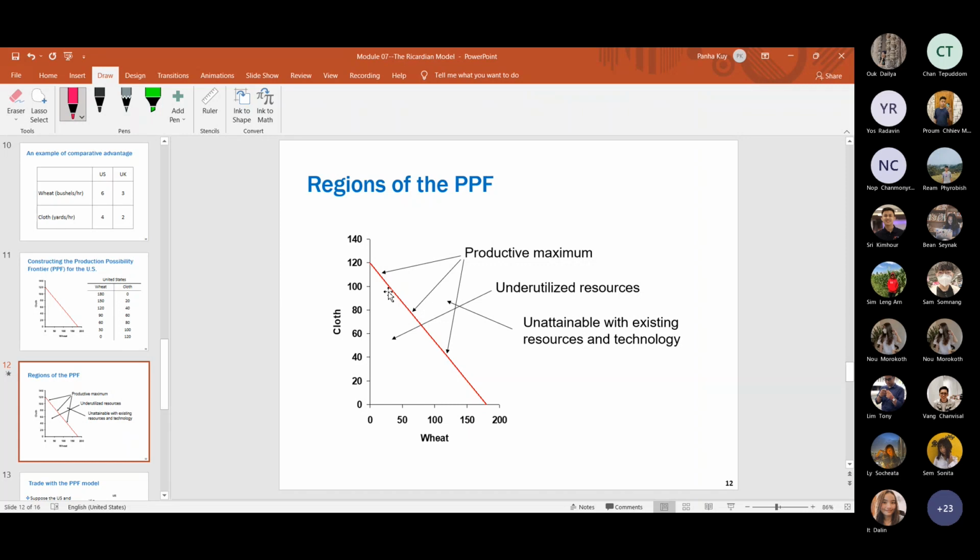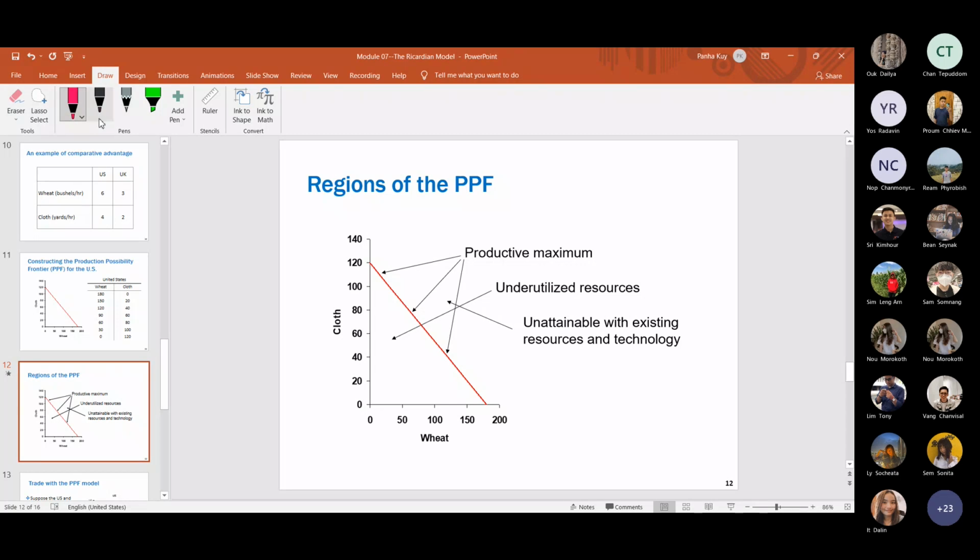And all the points along the line or curve are called productive maximum, meaning the economy has already used all the resources to produce these two goods. And the points outside the boundary are called unattainable with existing resources and technology. Okay, because you don't have any more resources to produce this.